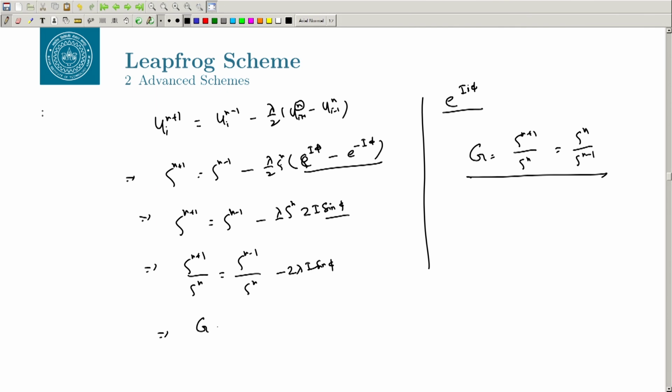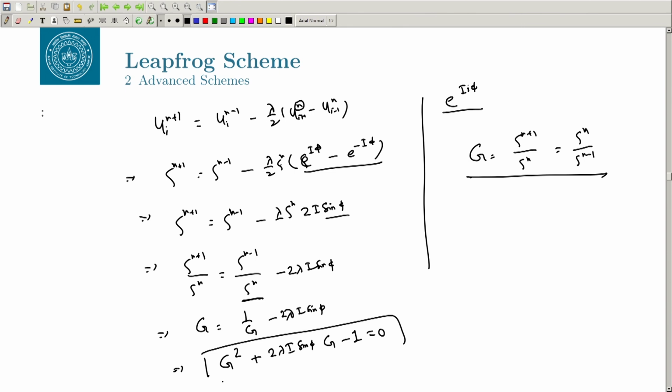This will become g is equal to 1 by g minus 2 lambda i sin phi, right. So, this will give you a quadratic equation, g square plus 2 lambda i sin phi g minus 1 equal to 0, right. So, you get a quadratic equation.